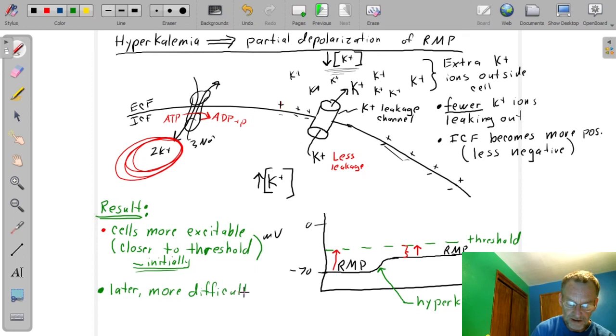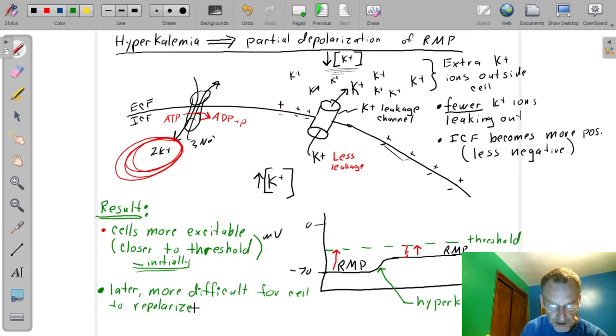And it depends on the size of this potassium level change, whether it's a small amount or a large amount. So later, more difficult for the cell to repolarize. And if this is a heart cell, that's not a good thing, because the heart cells have to repolarize before they can depolarize and contract again. So it leads to arrhythmias of the heart.